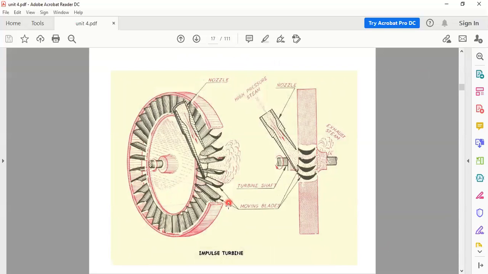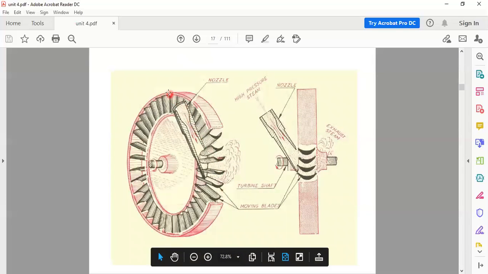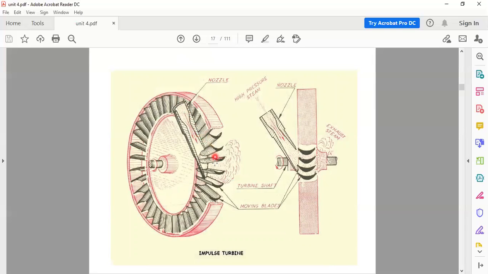We can see here in the diagram steam coming from the boiler impacting on our steam turbine blades like that. This is our nozzle.